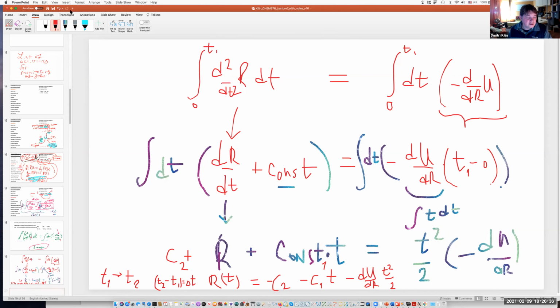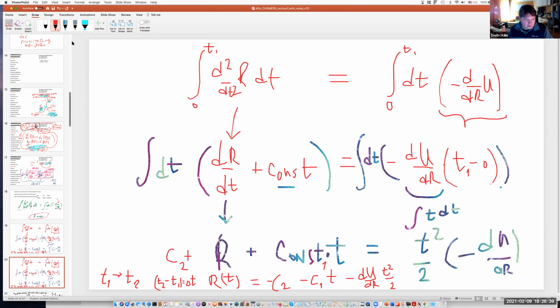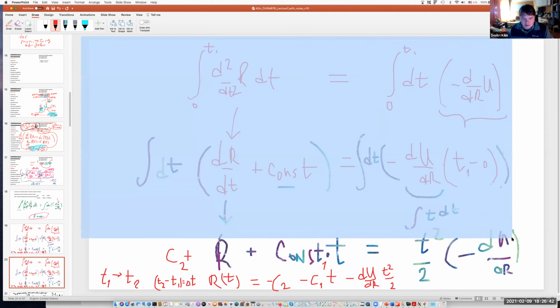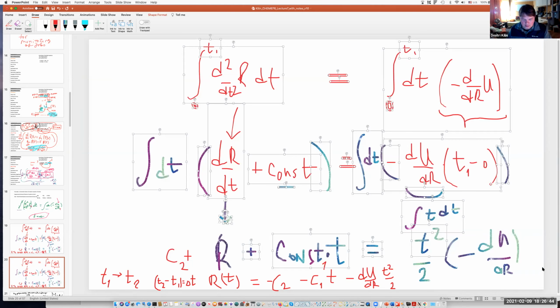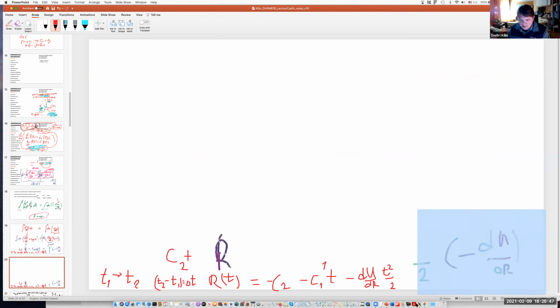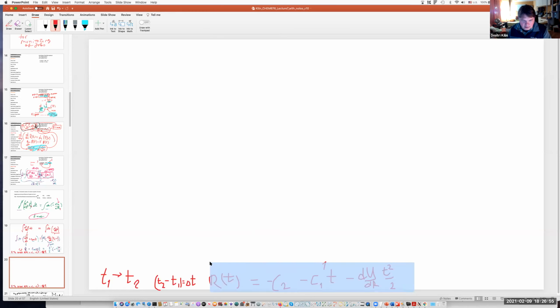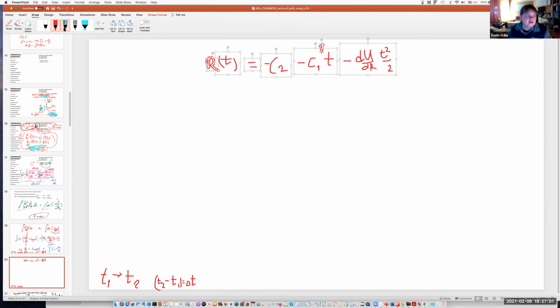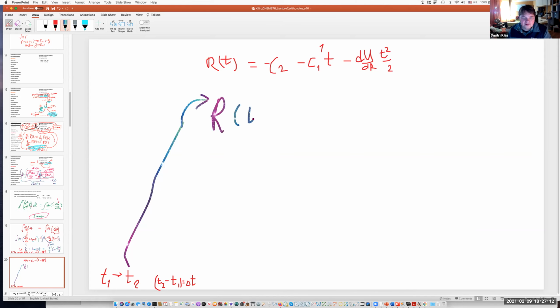So let me duplicate the slide and erase this unnecessary stuff. Then, with this specifics about time, we'll say that r of t1 plus delta t.